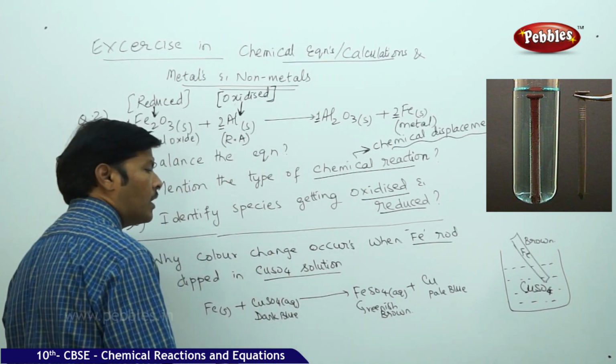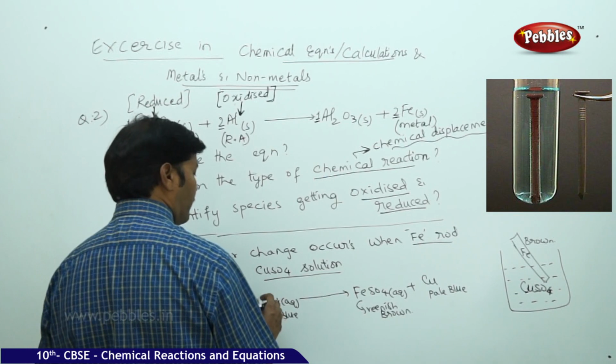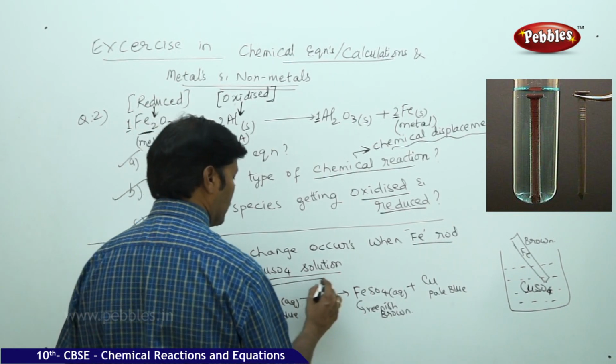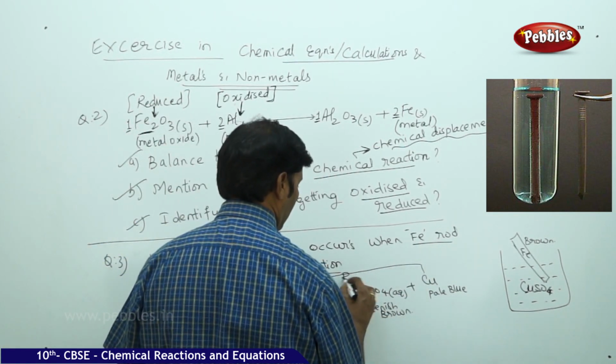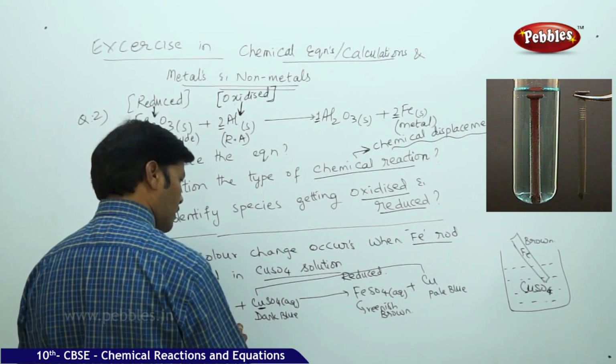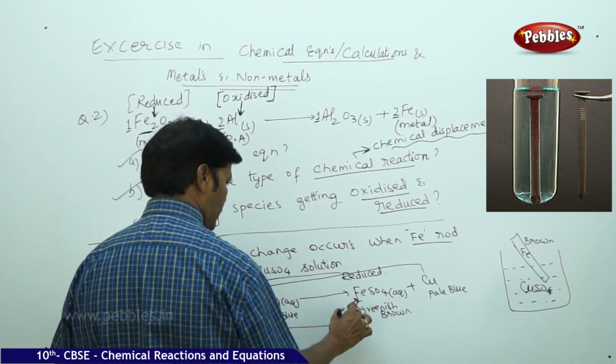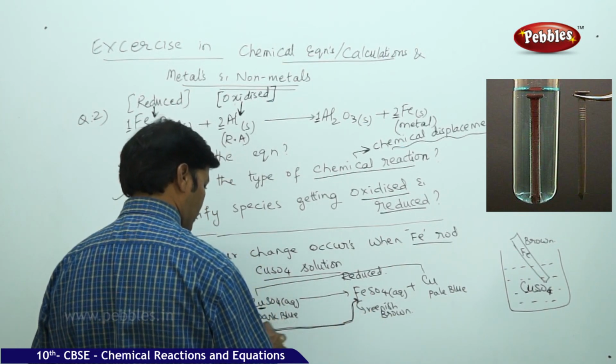That means here the copper is getting reduced. In copper sulphate, copper is getting reduced, and here iron is getting oxidized.